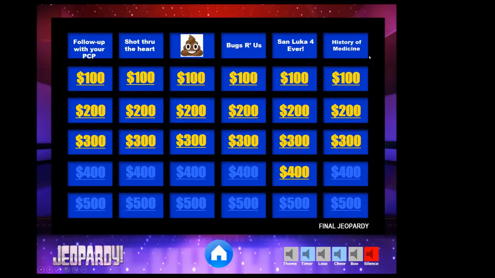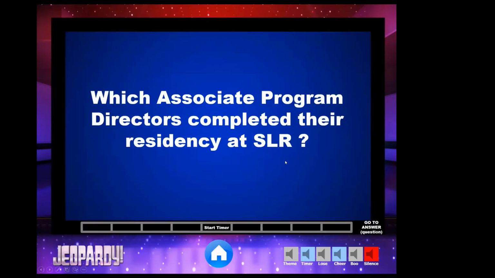But I think we'll go for St. Luca Forever, 400. San Luca for 400. All right. Which associate program directors completed their residency at SLR?